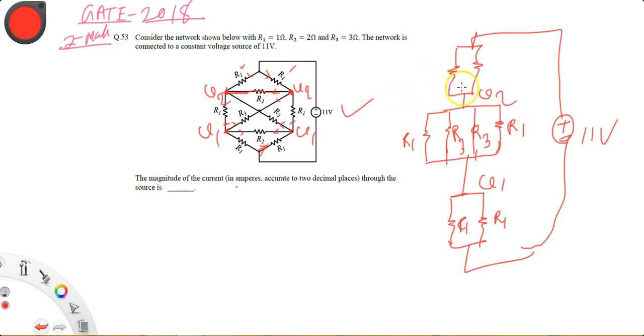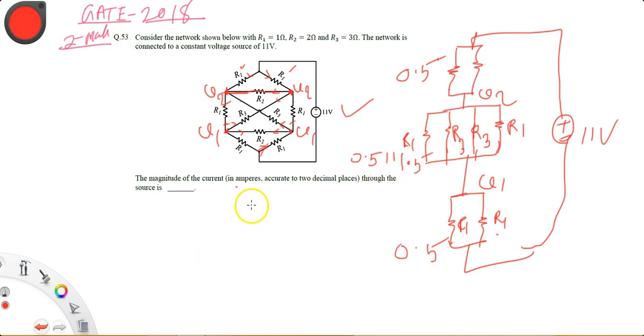So R1 parallel R1, that is 1 ohm and 1 ohm, gives an equivalent of 0.5 ohm. So this is R1 R1 and R3 R3. So you will have 0.5 parallel with R3, which is 1.5.